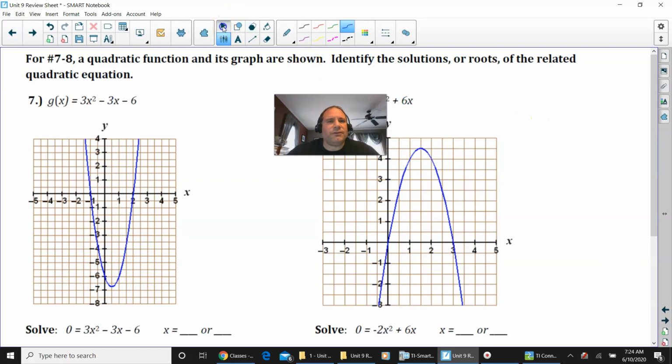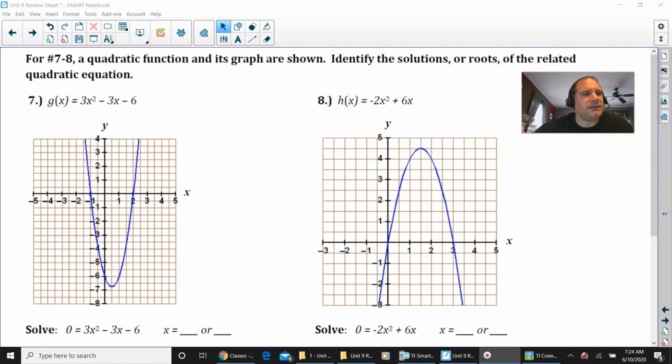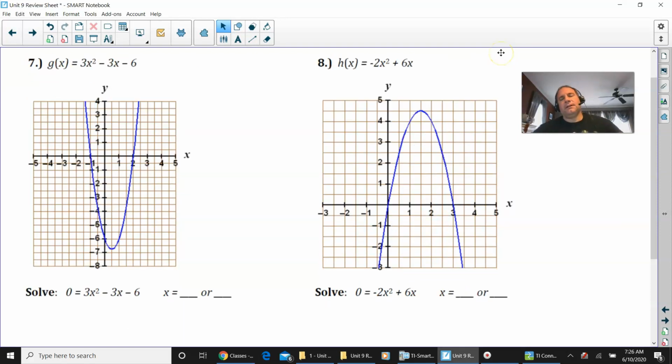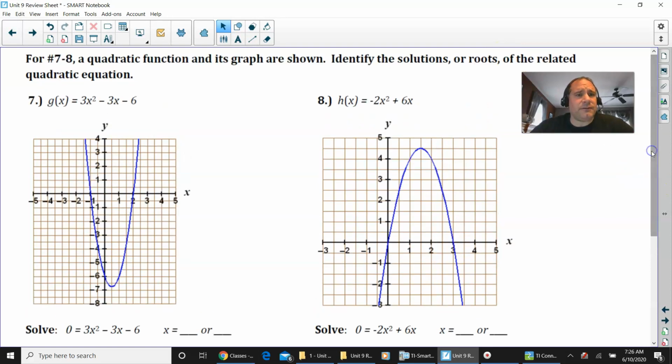All right, so for these two problems right here, let me move my face over to the right side. We have to solve. It does say here that for 7 and 8, a quadratic function graph is shown.